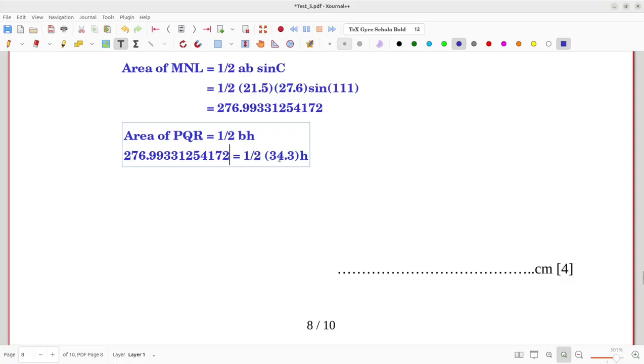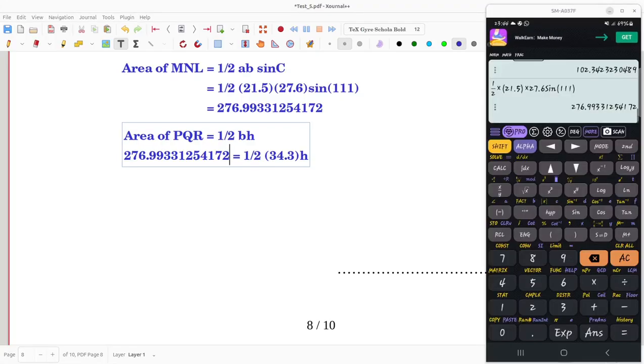First of all, let's divide 34.3 by 2. Let's bring in our calculator here. This is the Casio calculator. So this is 1/2 times 34.3, is giving me 17.15.